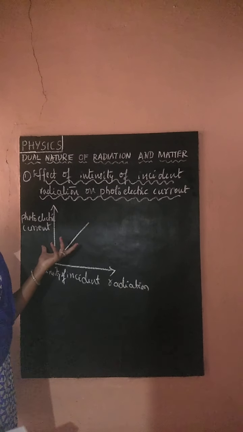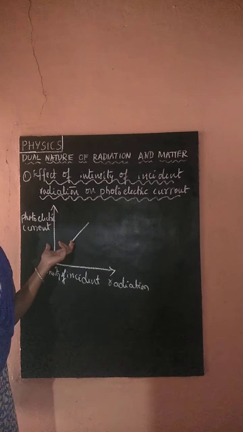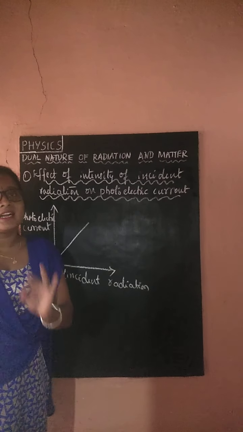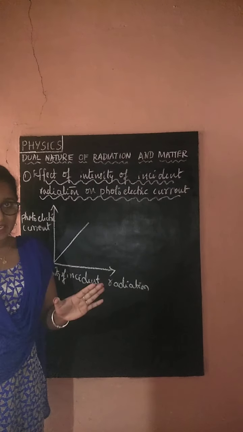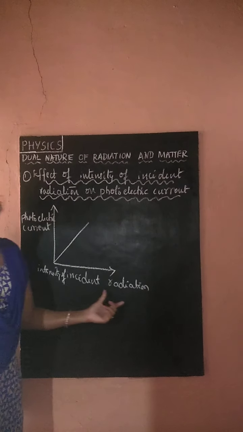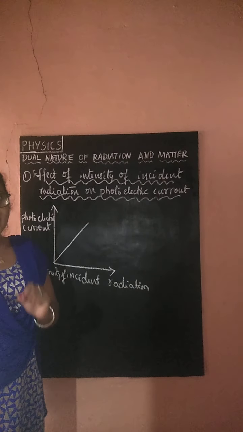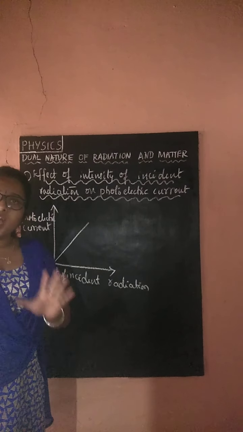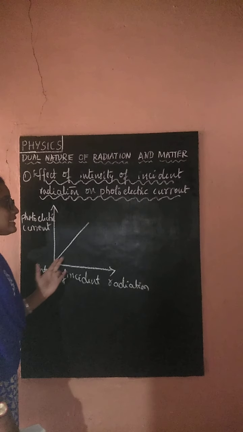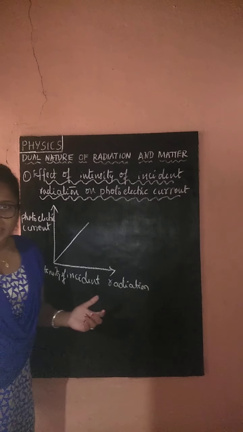Here the frequency of incident radiation and the potential difference between the photosensitive plate and the collector plate are kept constant, and then the intensity of incident radiation is varied. The photoelectric current is noted in a micrometer, and it is found that the photoelectric current increases linearly with the intensity of incident radiation.